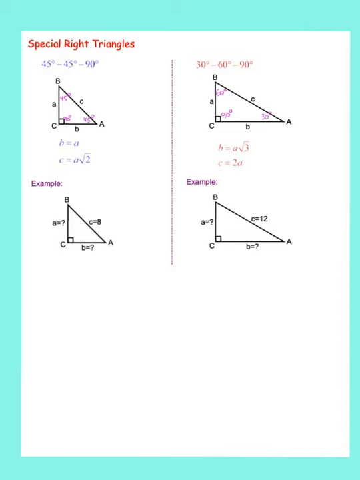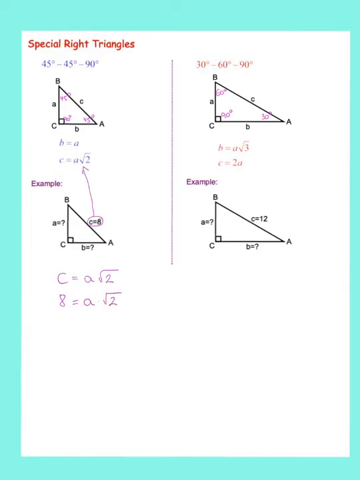So in our example here, we have side C given to us. So side C is going to be 8. So I'm going to use the equation here for side C. So C equals the square root of 2 times A. So I am going to substitute 8 for the side C, 8 equals A times the square root of 2.